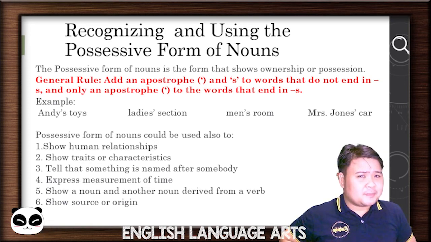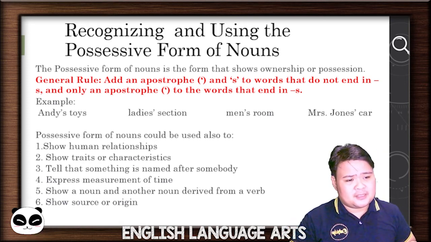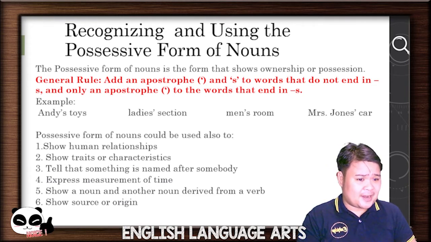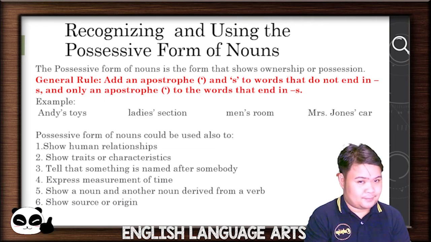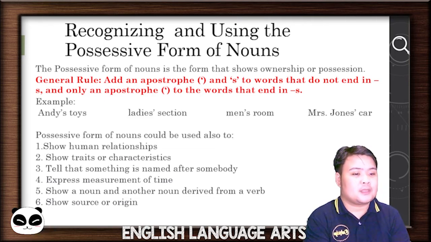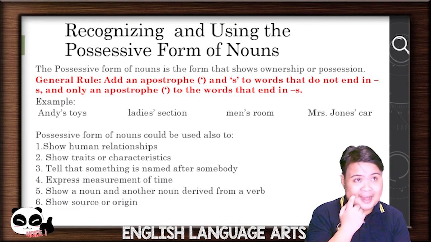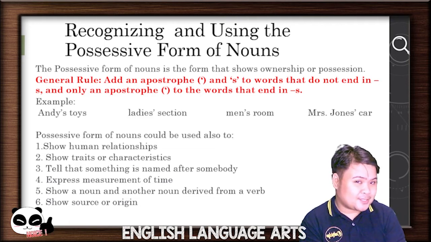Now, the possessive form of nouns could also be used for various things. For example, to show human relationship. Like, for example, dad's daughter, mother's son. Or two, to show traits or characteristics, like, for example, Ralph's hair, Leo's smile.